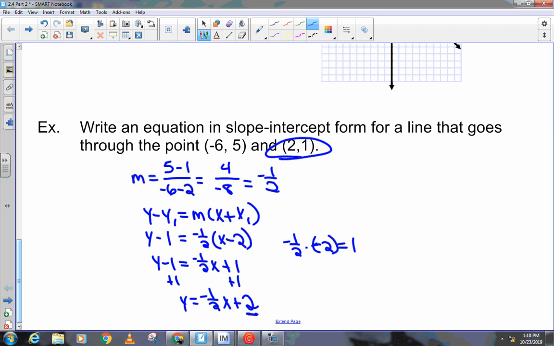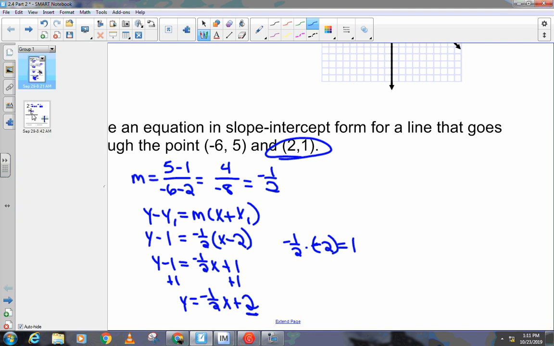It's 2. Look, the y is not a 2 in either one of those. So you can't just pick a y and use it, right? Because there's 2 different y's here. When there's 2 different y's, you got to find the y-intercept by using the formula. And a lot of people find the slope and just pick a point and use the y from that point. You can't do that unless it's the y-intercept.